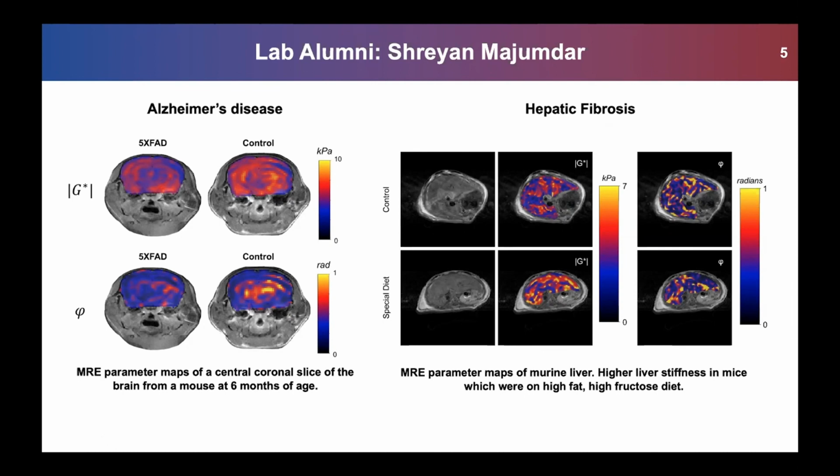We use acoustic waves transferred through a hose, and at the end of the hose there is a thin film that delivers the vibration to the liver. Please also notice the stiffness in the AD mouse is softer than in the control mouse, while the stiffness of the hepatic fibrosis is harder than the healthy subjects.